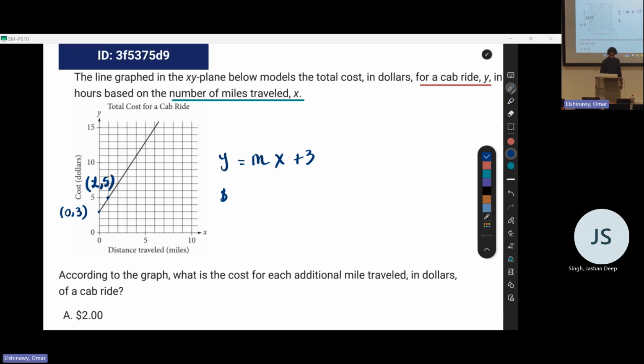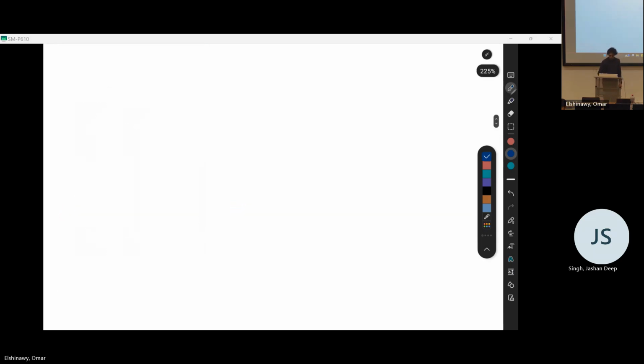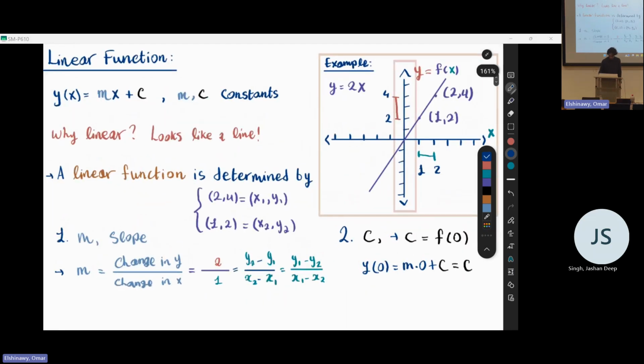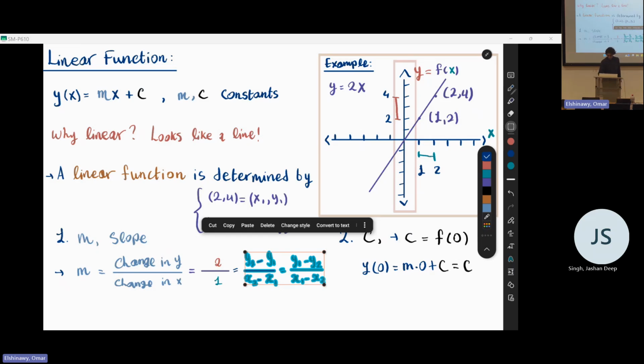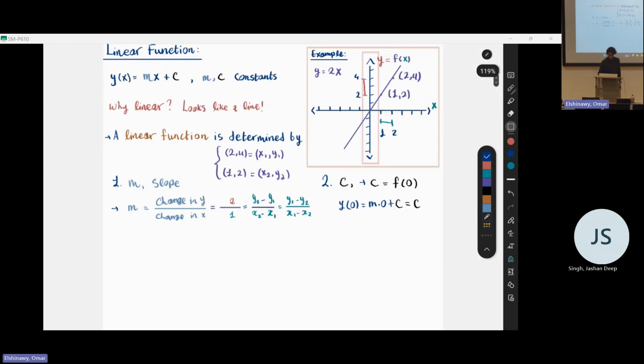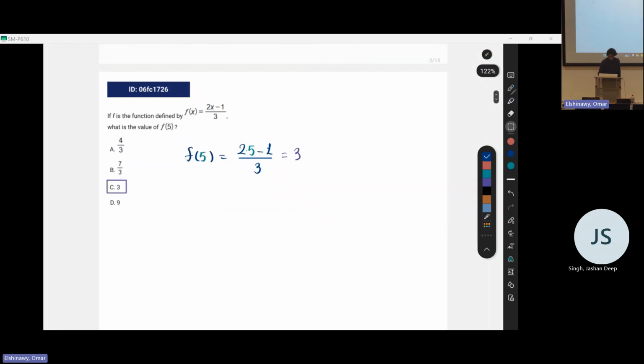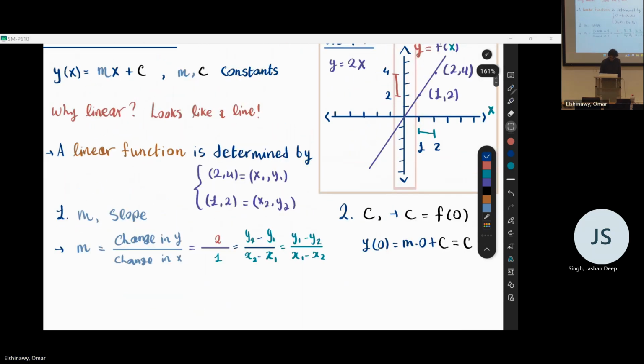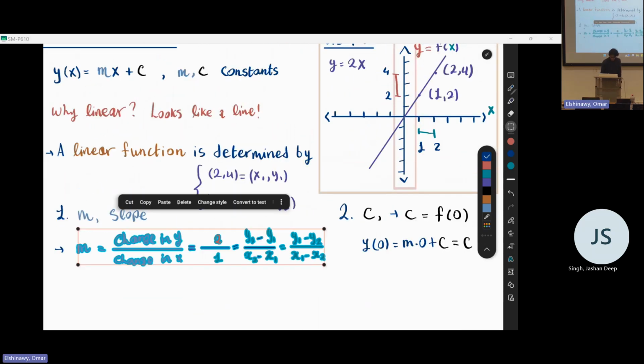Now, how do we compute the slope? Yeah, it's this one, right? So it's y1 minus y2 divided by x1 minus x2. Maybe I'll copy it and paste it.